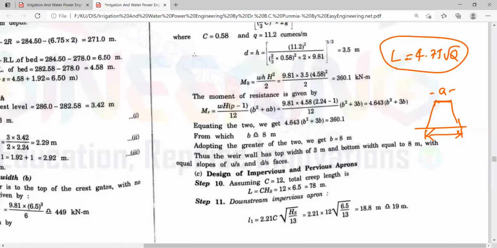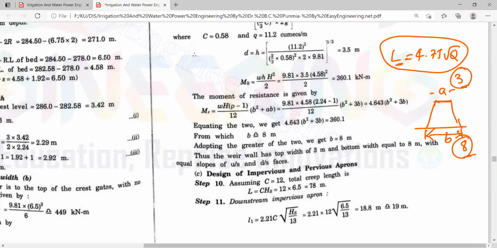So top width is small a and bottom width is small b. The top width we got from the calculations is 3 meters and the bottom width is 8 meters. So top is 3 meters and bottom is 8 meters. Those values we identified. Okay, so this design is completed.